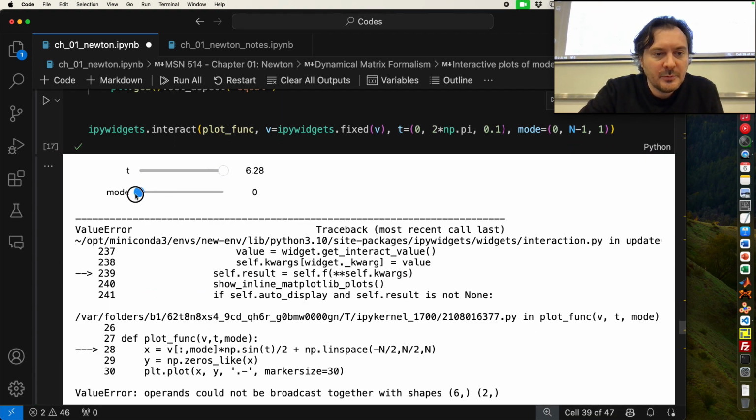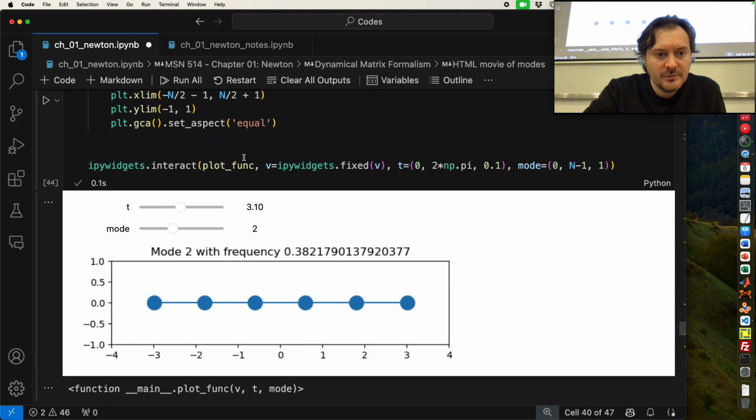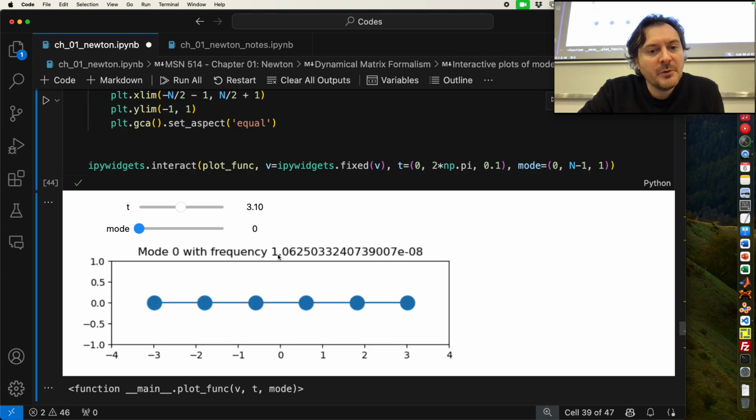So I can start with mode 0. What is the frequency of mode 0? 0, right? And if I move this t, you can see that it together goes back and forth. Do you see it?